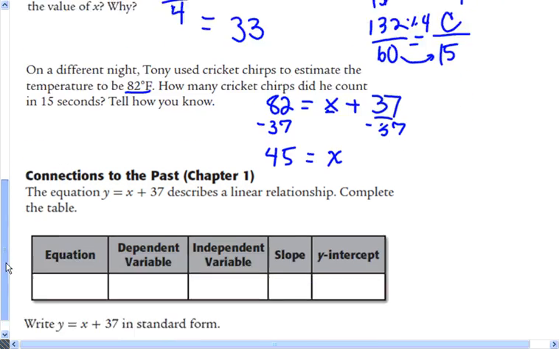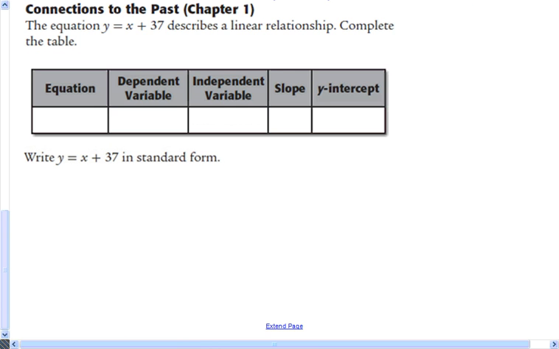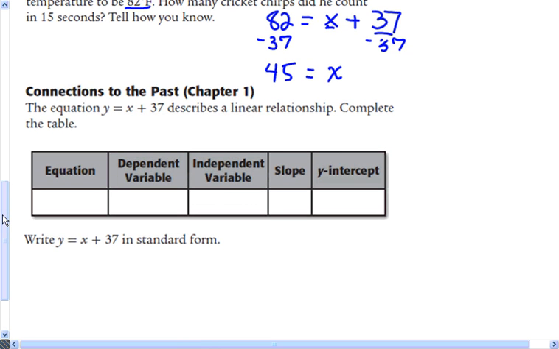All right, just a little bit of information from the past that we're going to be using in this chapter. This equation, y equals x plus 37, is a linear equation where the number multiplied by x is the coefficient or the slope of the graph, and 37 is the y-intercept.